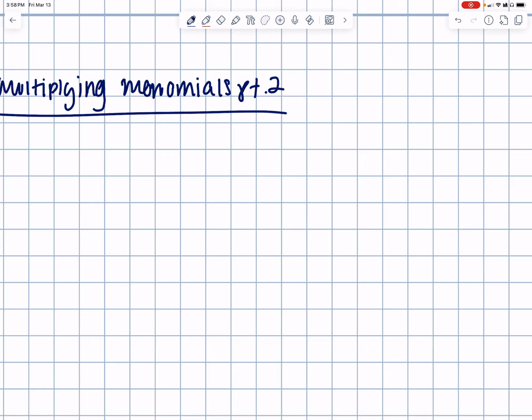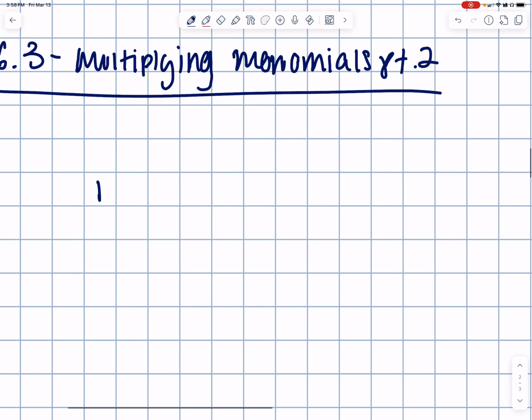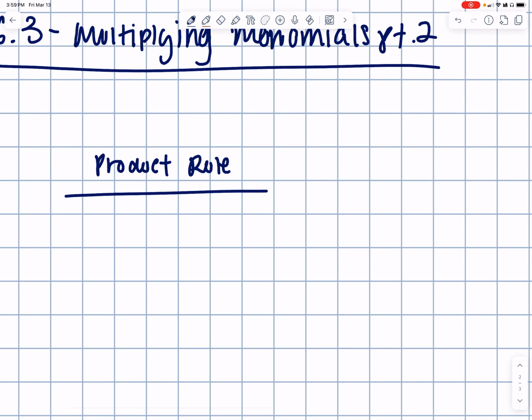So to quickly review 6.2, we talked about the product rule for exponents. What's the product rule?